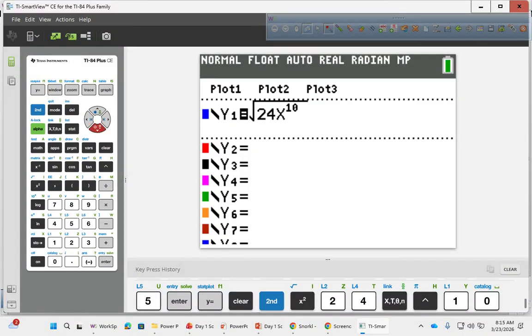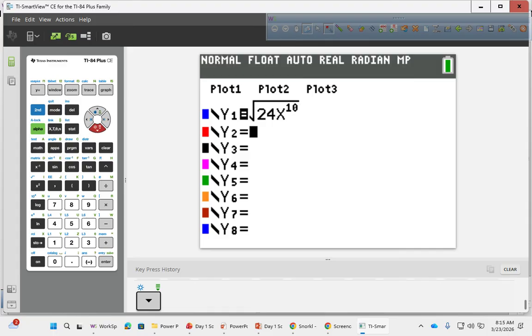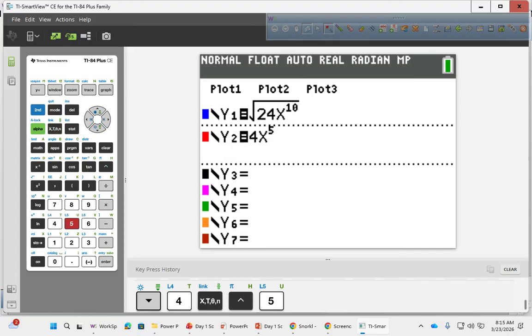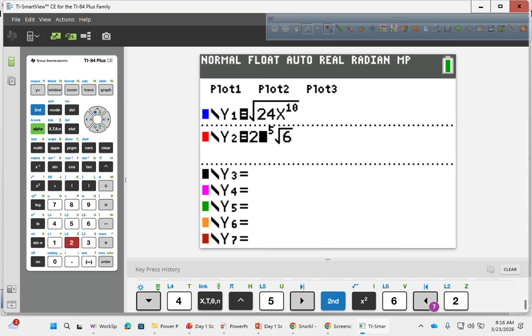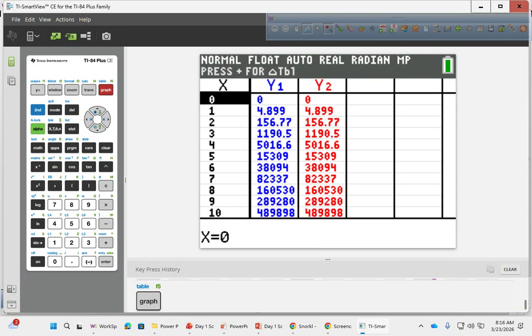And in y2, you can put what you think the simplified form is. Nope, it was 2, right? If you're right, the tables will match. Okay, so if there's a variable in it, you still can check your answer. You just can't check your answer in the home screen. Questions on that one?